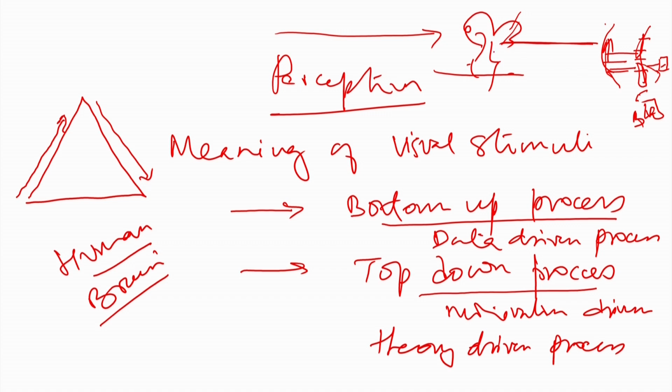Now, this process, which starts with light falling onto the tree being reflected onto the lens and the retina, and then the retina passing up specific bits of information onto the occipital lobe or the occipital visual processing areas, is called the bottom-up process.